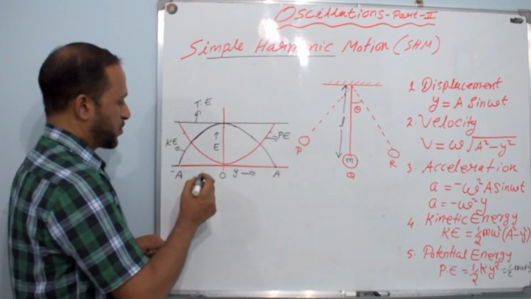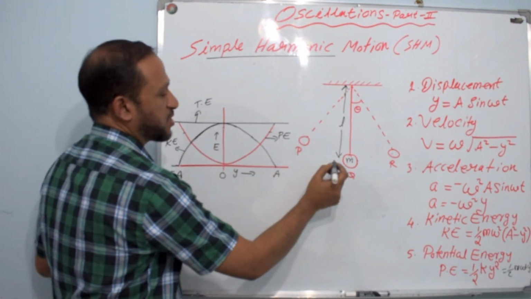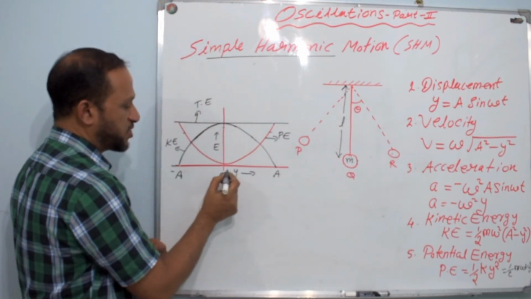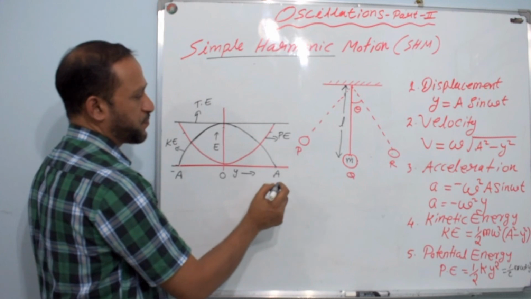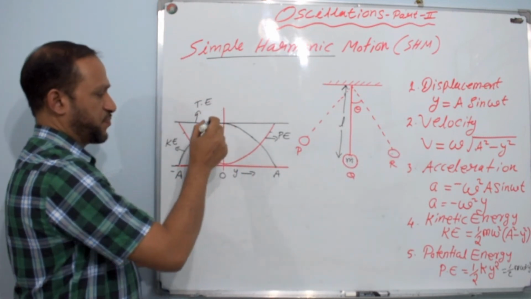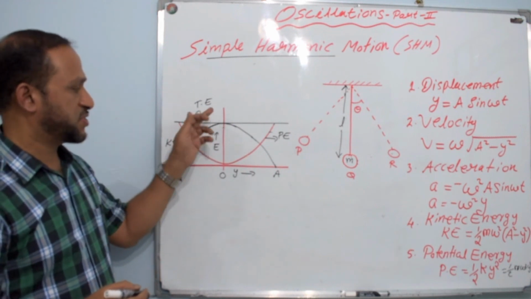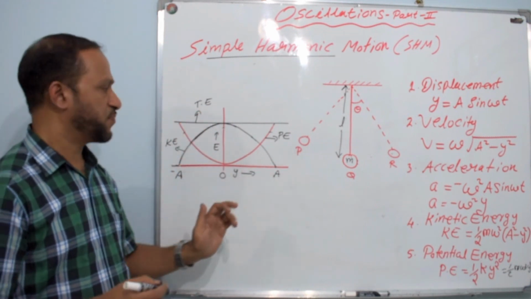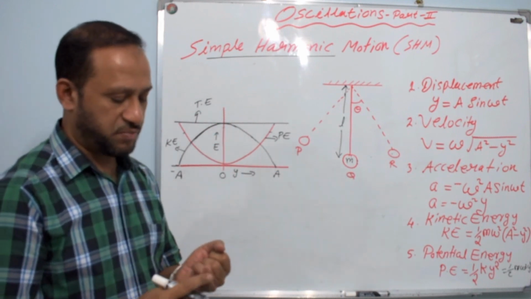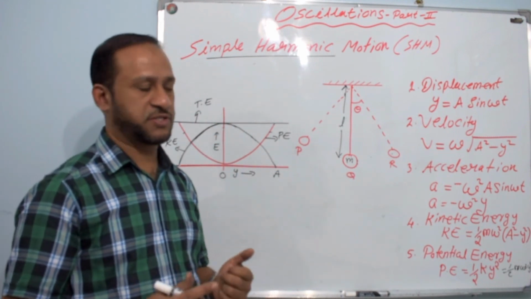In this graph, on the x-axis, I am taking the displacement of the bob. So the displacement y is taken along the x-axis, and the energy of the oscillator I am taking on the y-axis. This energy on the y-axis can be kinetic energy, potential energy or the total energy.